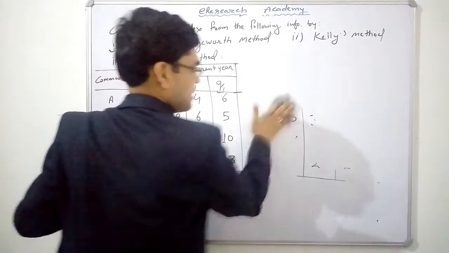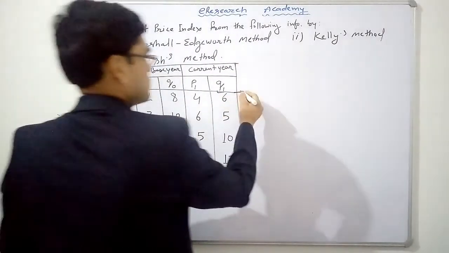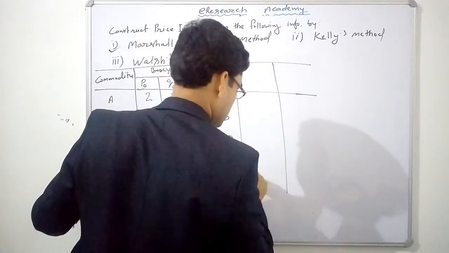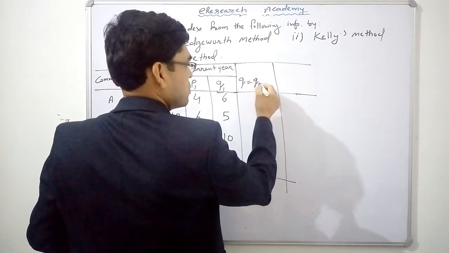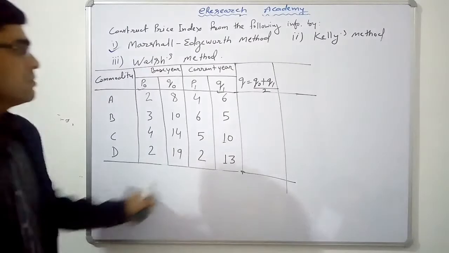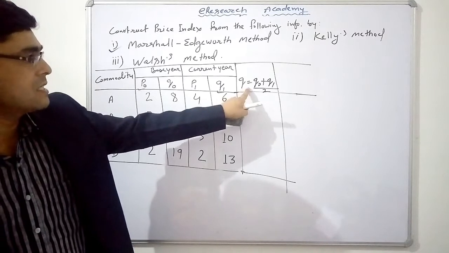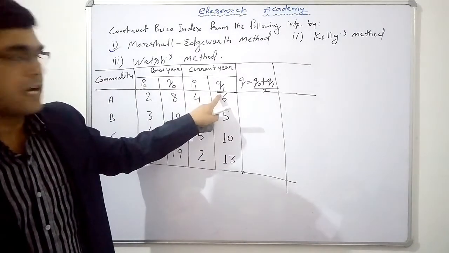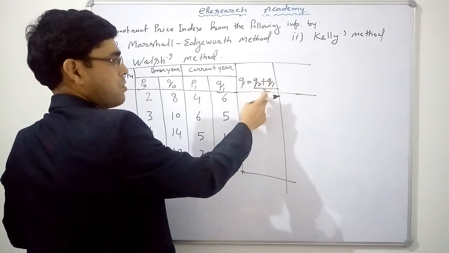This new Q is Q equal to Q0 plus Q1 upon 2. This Q is nothing but the average of the quantity of the base year and the quantity of the current year.